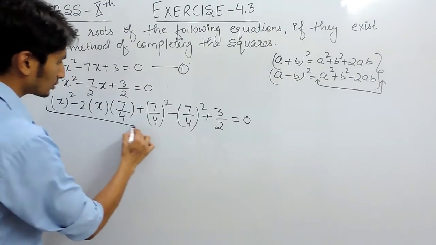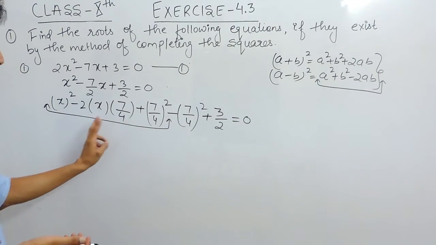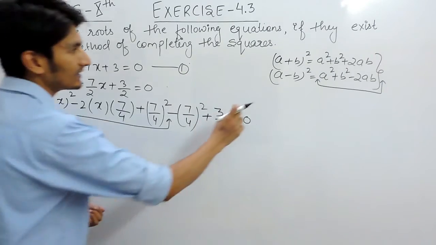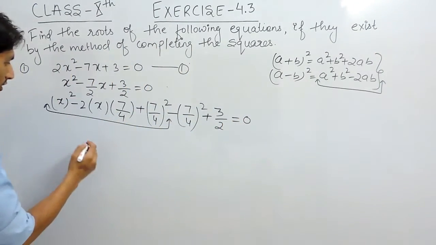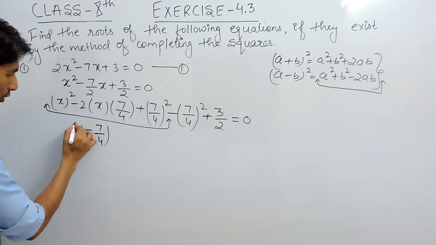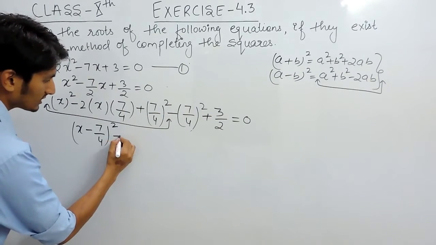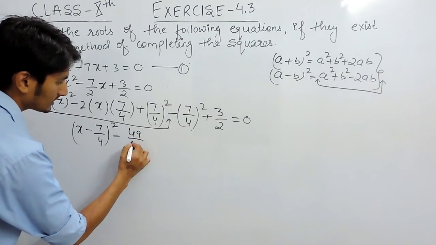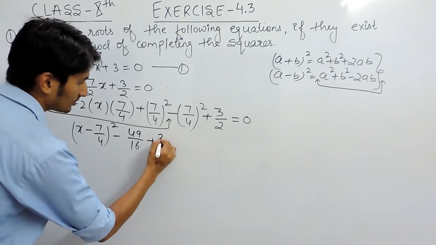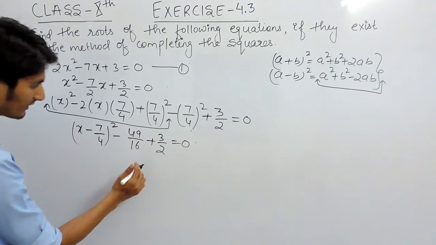In place of this whole value, which is a square plus b square minus 2ab, we can write a minus b whole square. So our a is x and b is 7 by 4, whole square, and the remaining values can be solved further: minus 49 upon 16 plus 3 upon 2 equals 0. Now again solve these values.